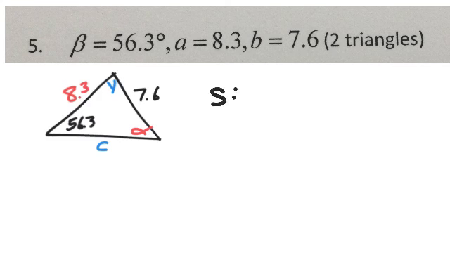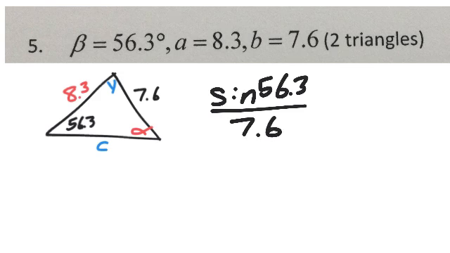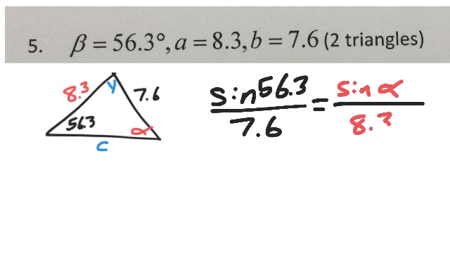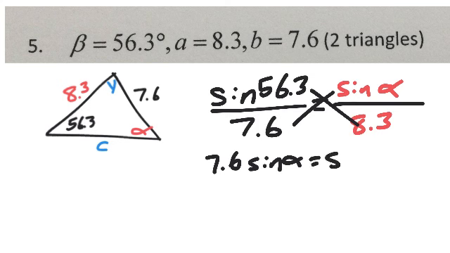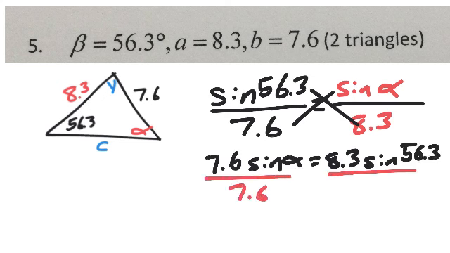So my pivot ratio, the one that I know, is sine of 56.3 over 7.6. I have to pick the other known thing that I have, which is 8.3. So I'm going to be looking for sine of alpha over 8.3, cross multiply, 7.6 times sine of alpha equals 8.3 times sine of 56.3. I'm going to divide both sides by 7.6.